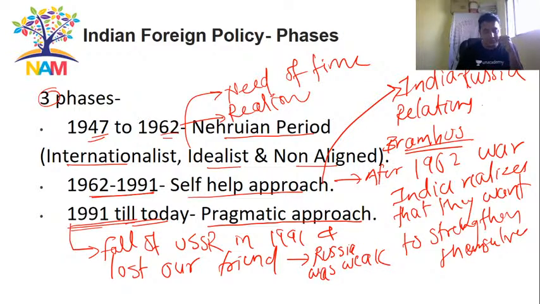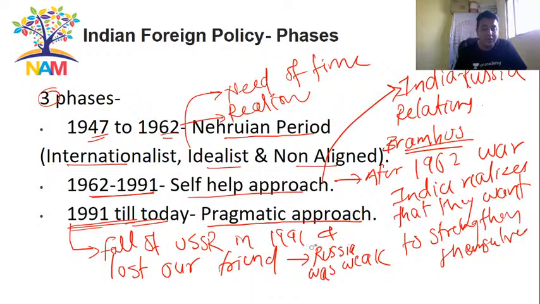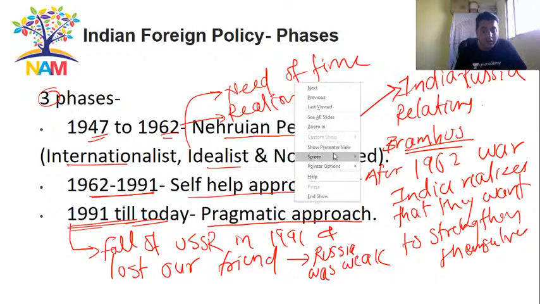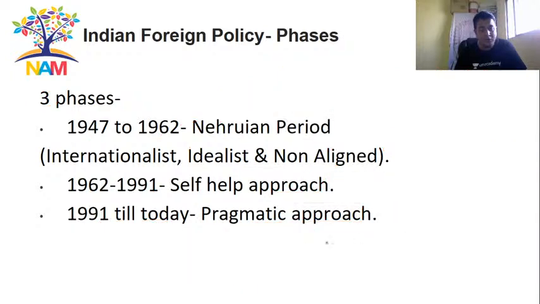So we wanted someone to help us, someone to support us, as well as we should not rely totally on one and hurt the interest of another country. So that's why India changed her approach in foreign policy, but still all are based on the broad framework.